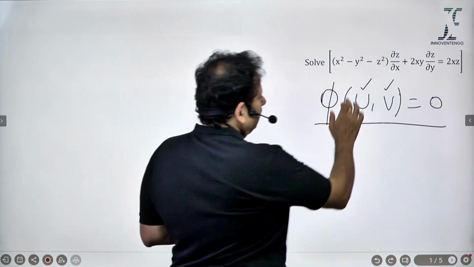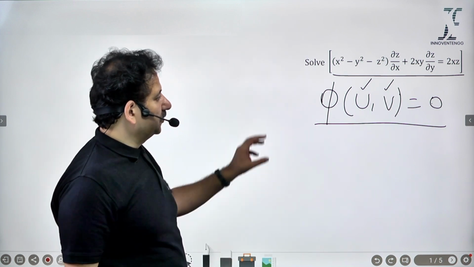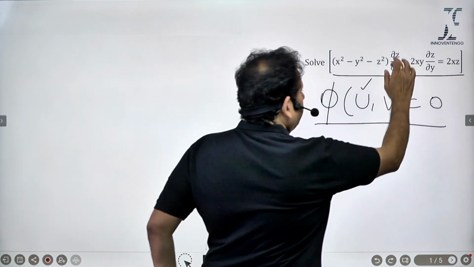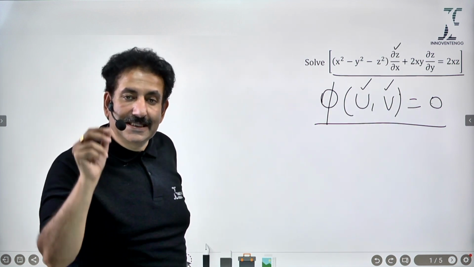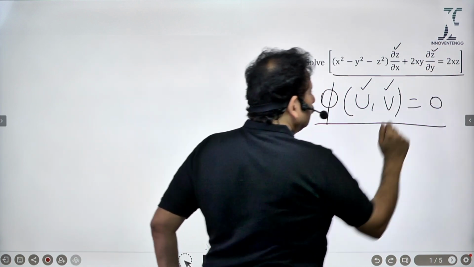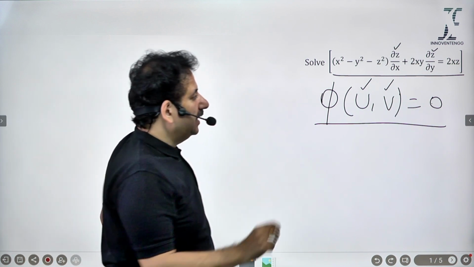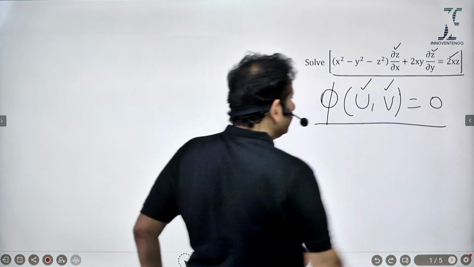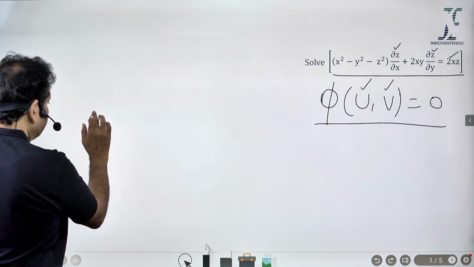Compare this with the standard equation, because here you have the coefficient of p. When I say small p, it is the partial of z with respect to x. The coefficient of q, when I say that, it is the partial of z with respect to y, and then the r. So that can be written in the form of ratios.